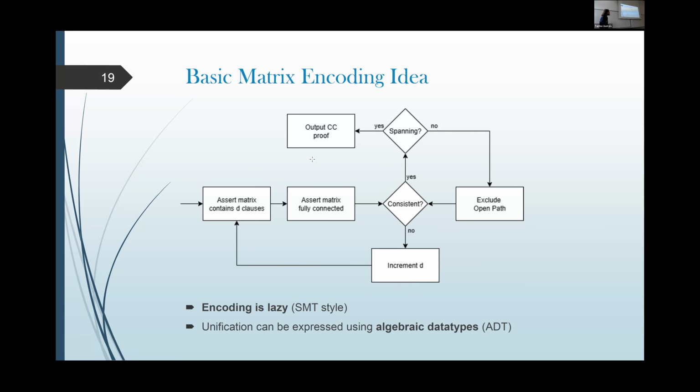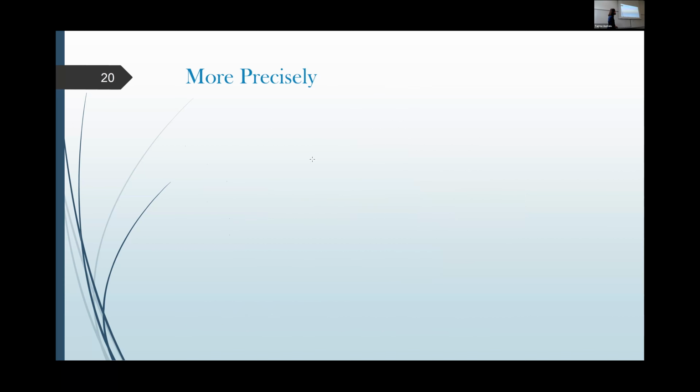Yes. The encoding is implemented lazily. That means we don't encode everything upfront because, as you might expect, this is a huge encoding. And the unification can be very easily expressed in SAT solving with an algebraic data type. Okay, so far this is very abstract. To be more precise, we have 2 different kinds of Boolean atoms. The first one is the selector. The selector just says we have the clause instance present in the matrix.